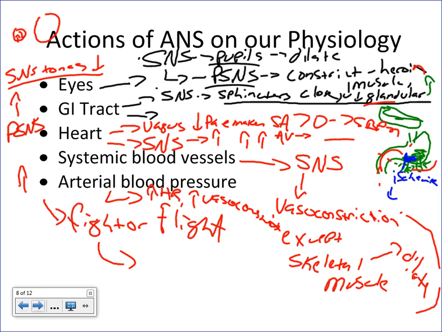So if we reopen these blood vessels, that will cause blood pressure to go back down again. You have a very constant volume of blood, and if you're pumping that same volume of blood through now larger pipes, it's not going to require as much pressure to cause the flow of blood, and therefore blood pressure will go down. All right.